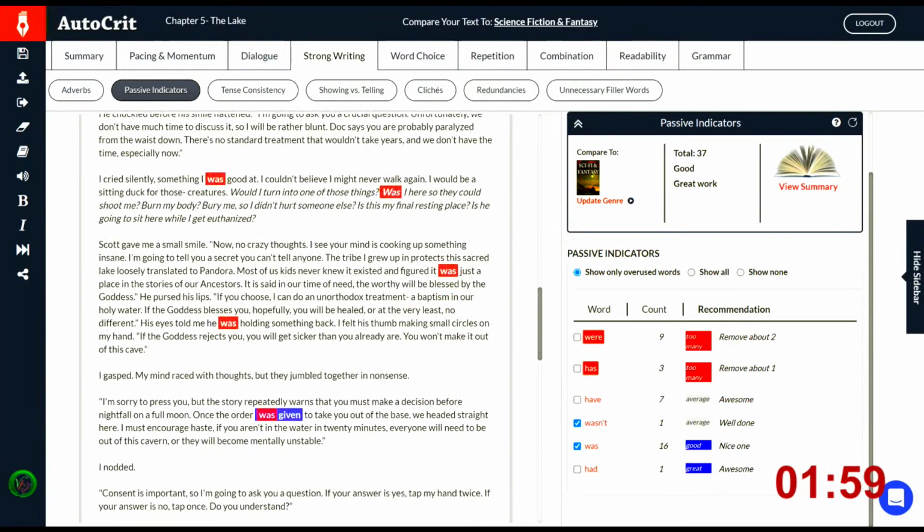I cried silently, something I was good at. I feel like it should be something like I cried in silence.